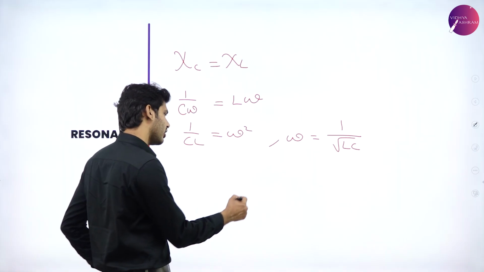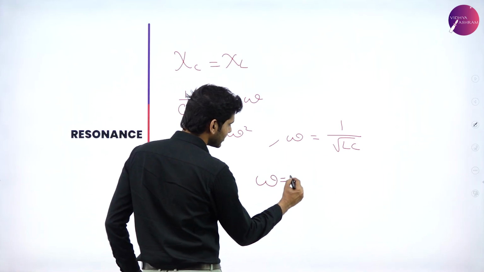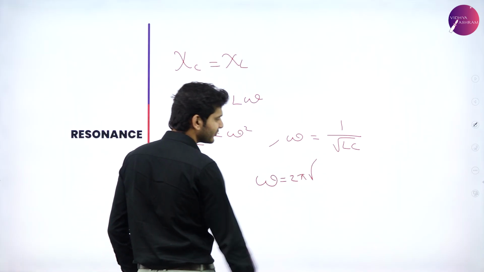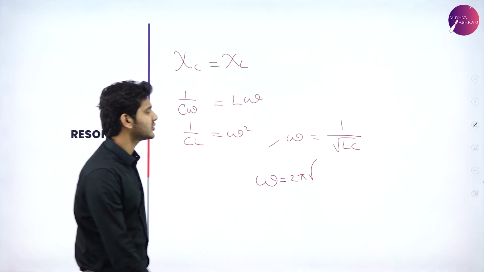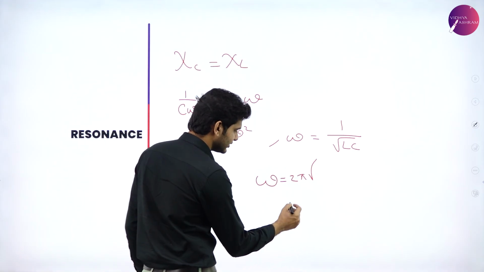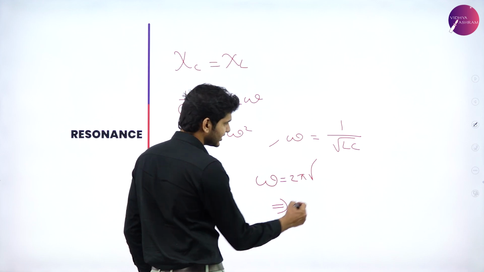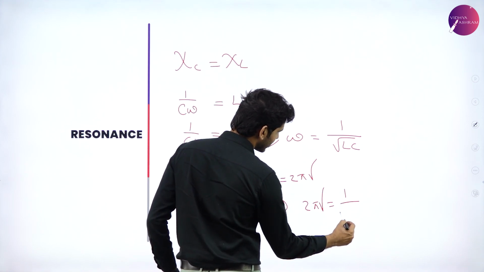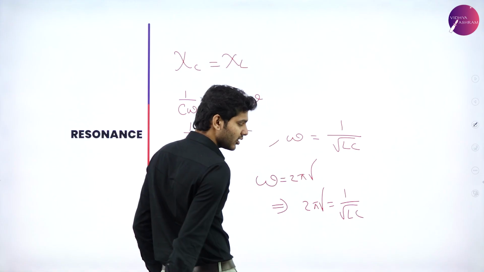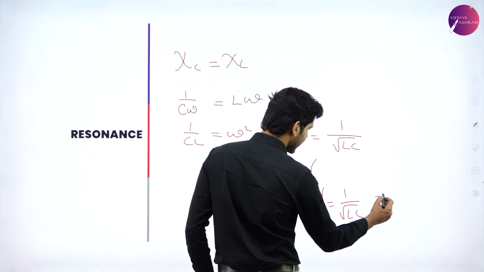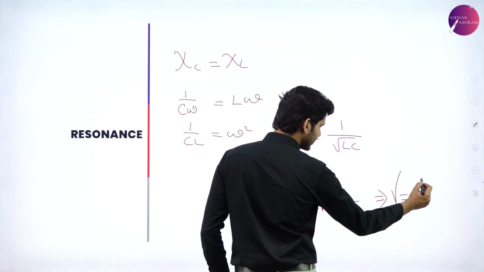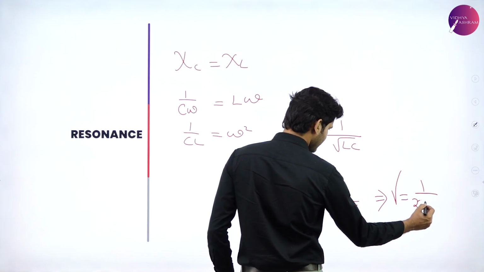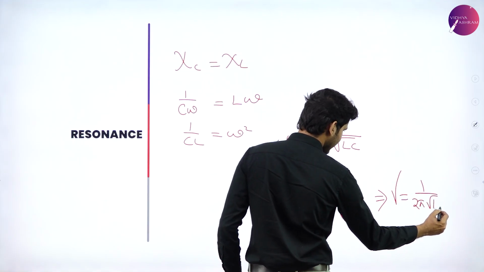It's very simple. We already know that omega is equal to 2 pi mu, or 2 pi by T. So we can write this equation as 2 pi mu is equal to 1 by root of LC, or simply frequency mu is equal to 1 by 2 pi root of LC.